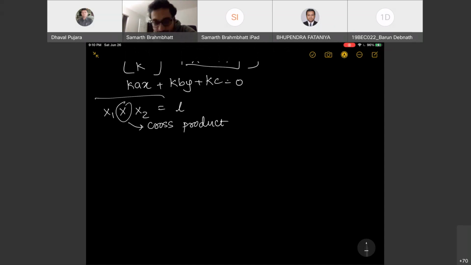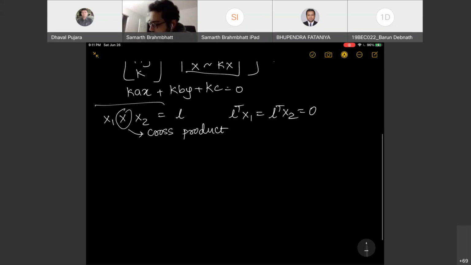So from the properties of the cross product, we know that this vector will be perpendicular to both x1 and x2. That means L transpose x1 and L transpose x2 are both 0, because when two vectors are perpendicular and you do their dot product, that becomes 0.